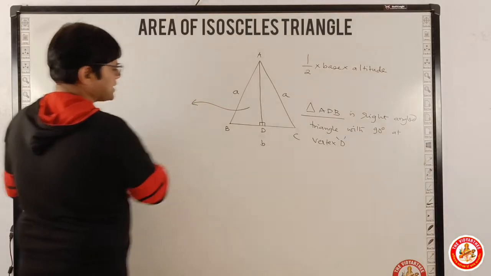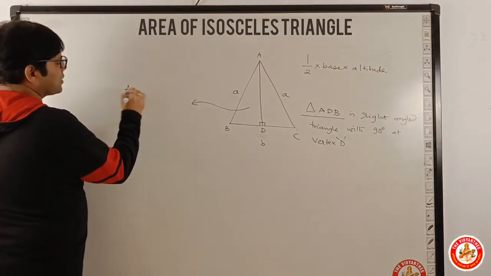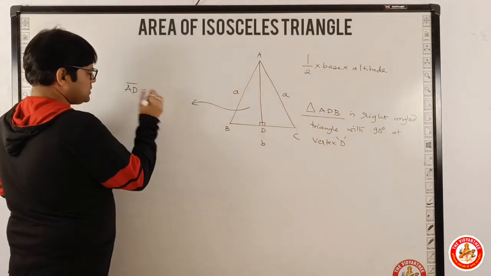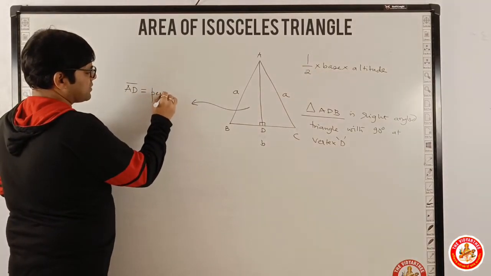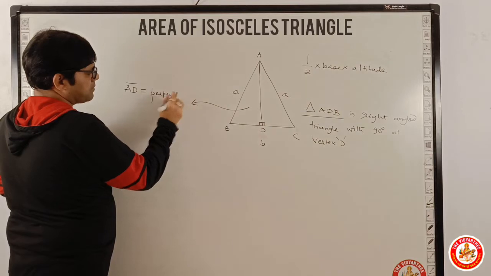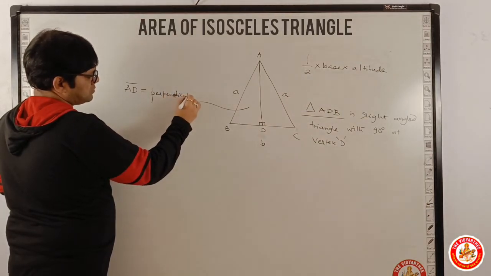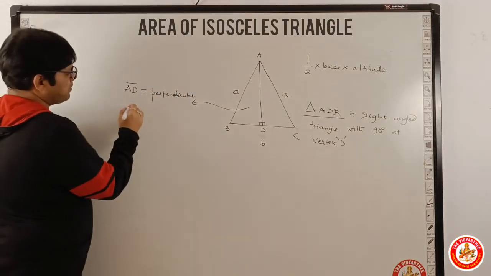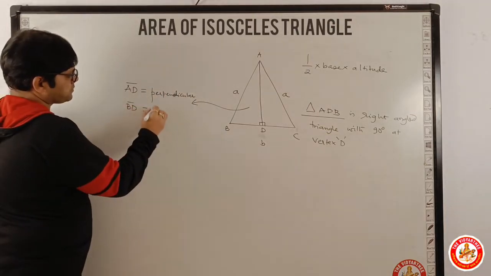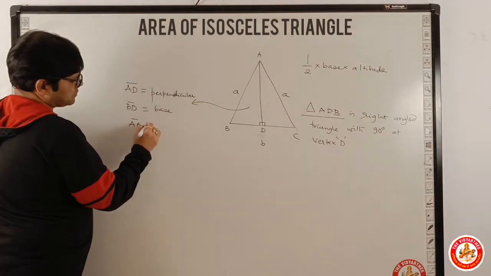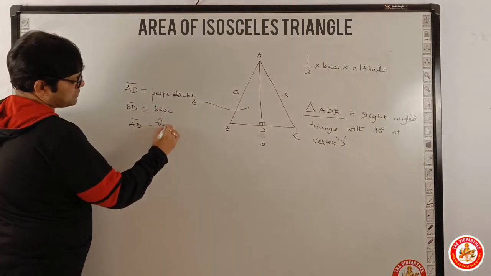If you take this as a right angle triangle, then to find out what is the measure of AD. So what is AD basically? AD is the perpendicular of the right angle triangle. BD will be the base and AB is the hypotenuse.